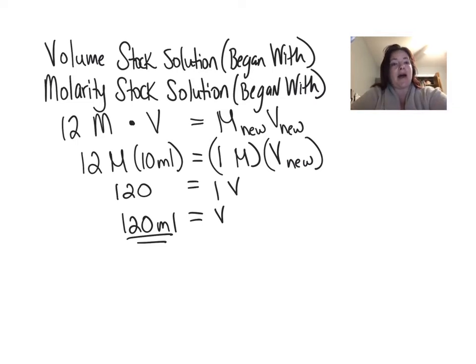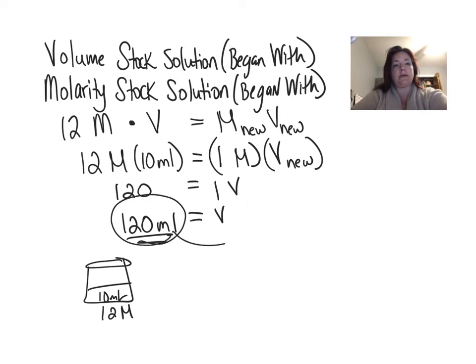So if I put 10 milliliters of this very strong 12 molar solution into a container, at a molarity of 12, according to my calculation I need to get my volume up to 120 milliliters. That's my new volume in order to have a molarity of 1.